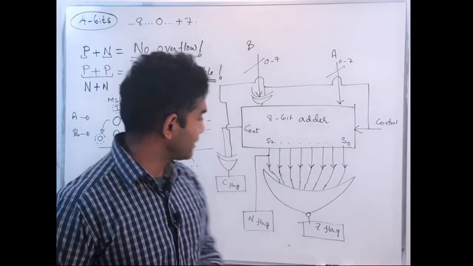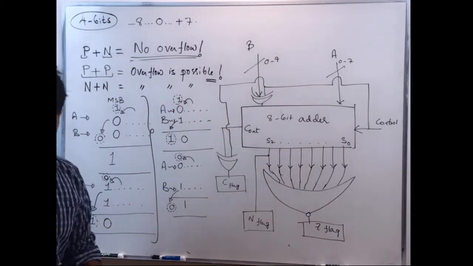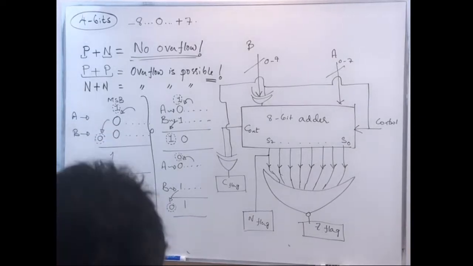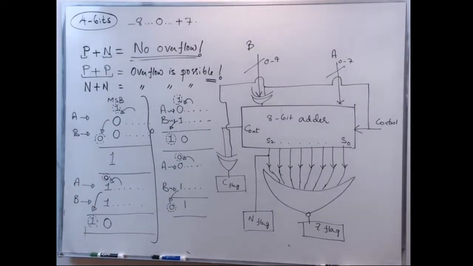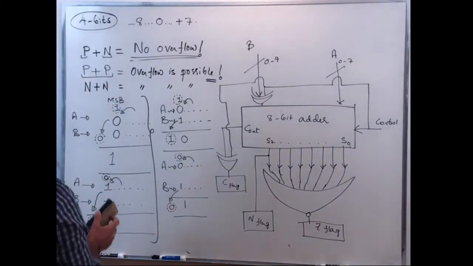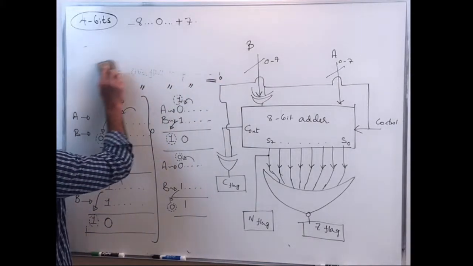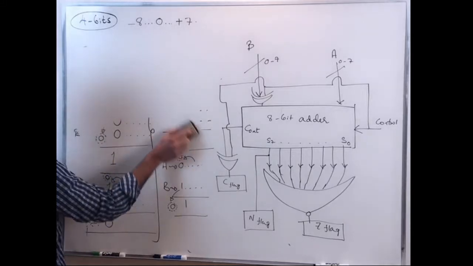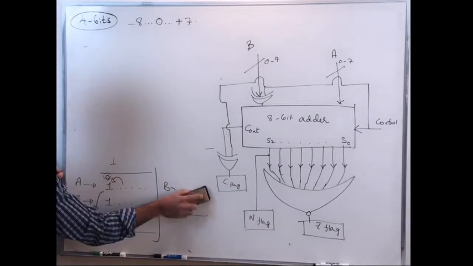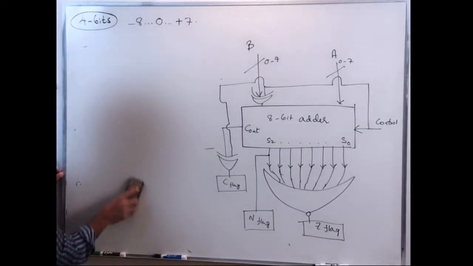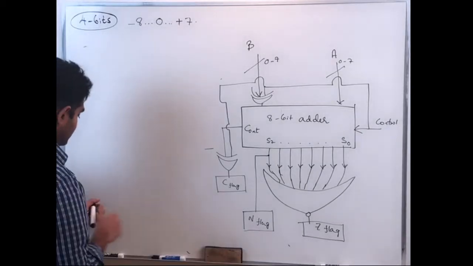Now let me put that in the form of a truth table. Is that an AND gate? Well, let's see. Not necessarily. Let me put that in the form of a truth table, and that will be more obvious now. Okay.